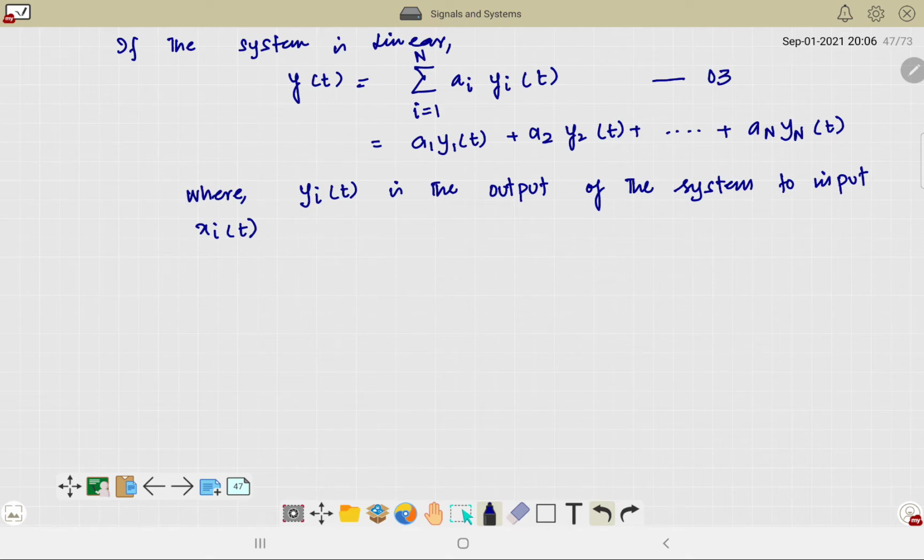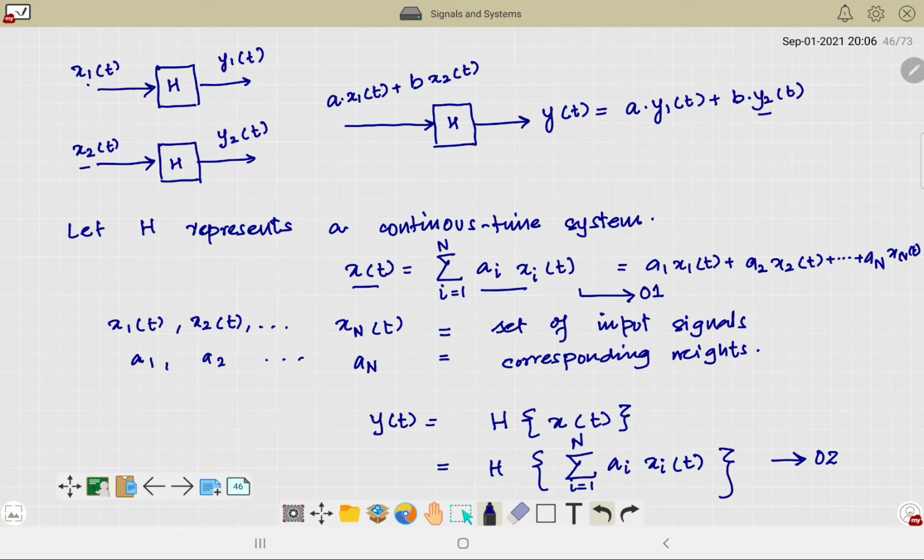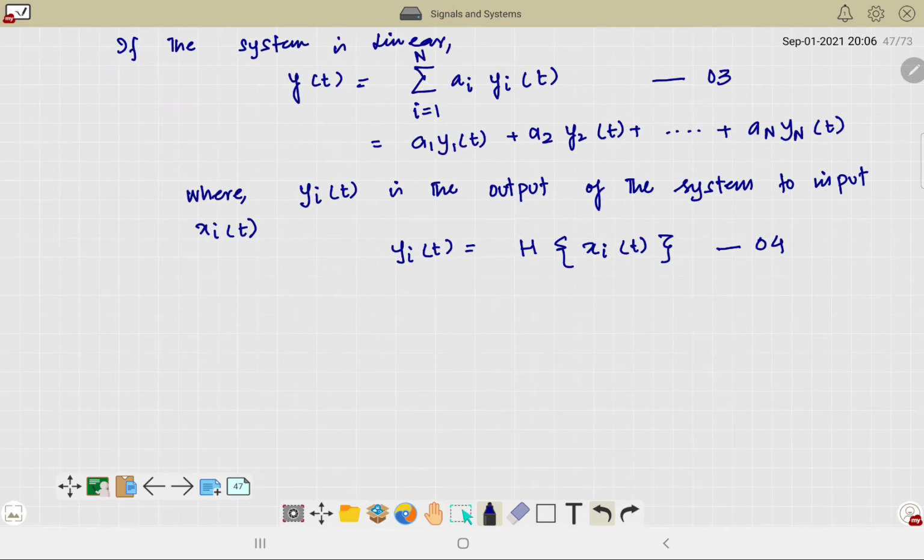That is, yi(t) is basically the output of the system acting on xi(t) in isolation. The individual components x1(t), x2(t), x3(t), their individual outputs in response, are basically yi of t.